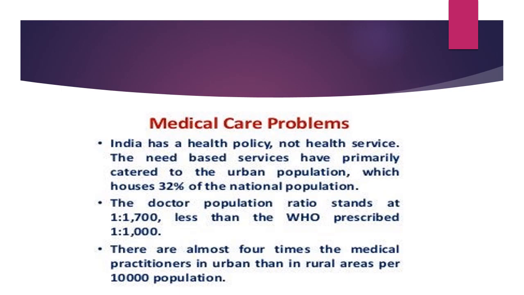And the doctor to population ratio in India stands at 1:1700, which is less than the WHO prescribed ratio. As per WHO, one doctor can see 1000 population, but in India it is 1:1700. There are almost 4 times as many medical practitioners in urban areas as in rural areas per 10,000 population.